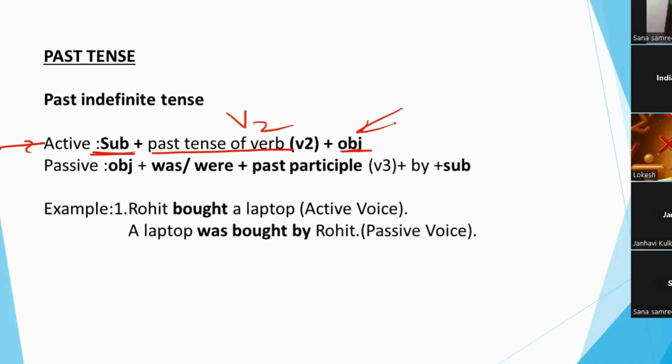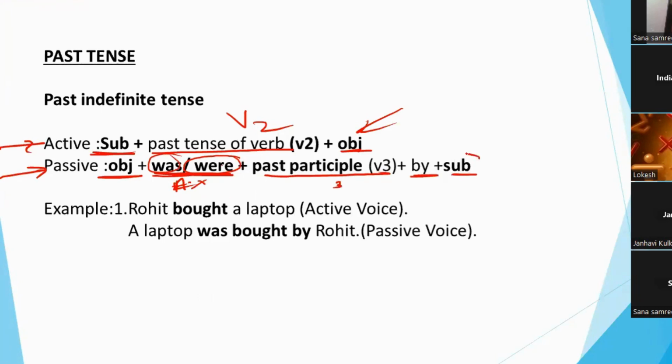Then when you convert that into the passive voice, the structure looks like object plus was or were. Here you have to use auxiliary verbs as was or were. If it is singular, use was. If the subject is plural, use were. This is rule number 2. And then use V3 form of verb, and then by plus subject.